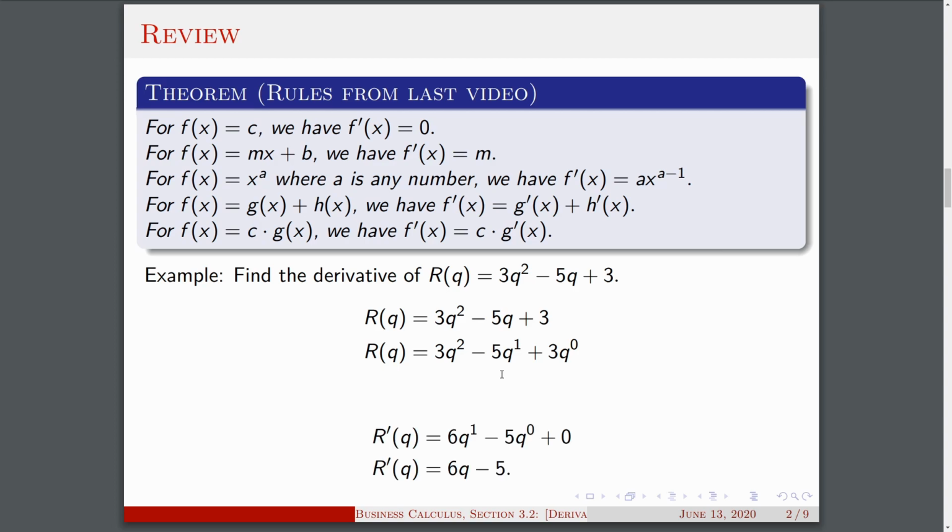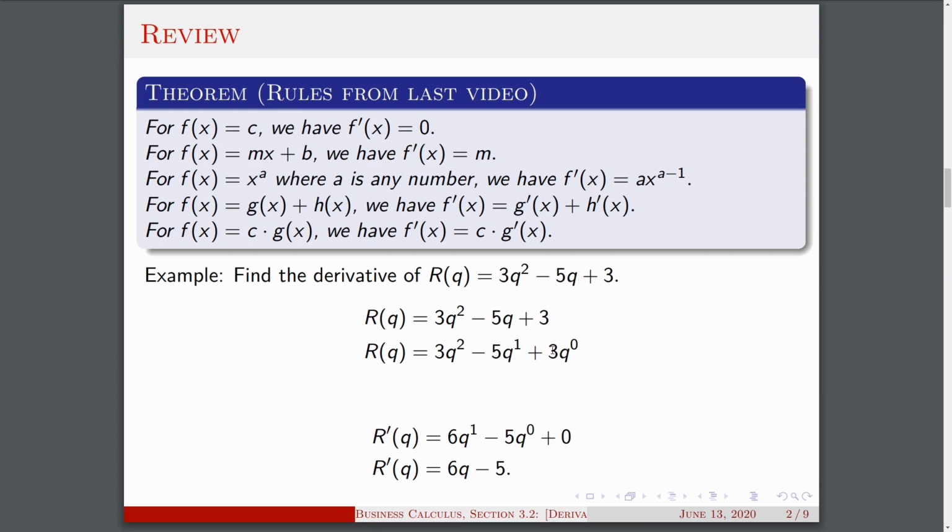All right, so let's do that. So the exponent comes out in front and multiplies by that constant. So I have 2 times 3 is 6, and I have q to the 1 less. I take 1 off the power, so now we have q to the first power. That 1 comes out in front, multiplies by the 5, so that's just still negative 5 out there. And then I take 1 off, so I have the power of 0 now.